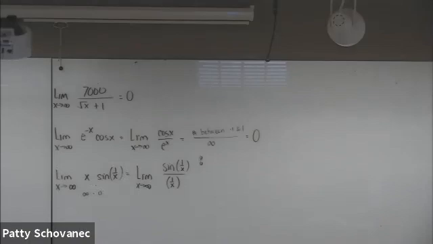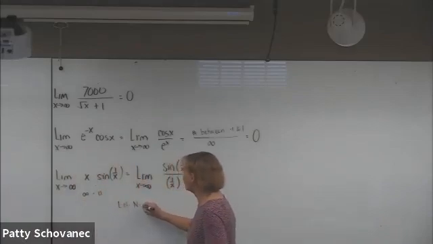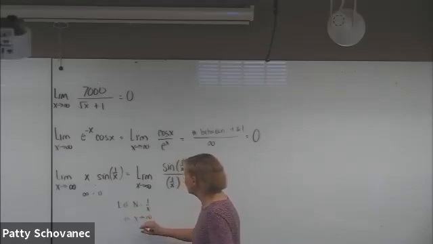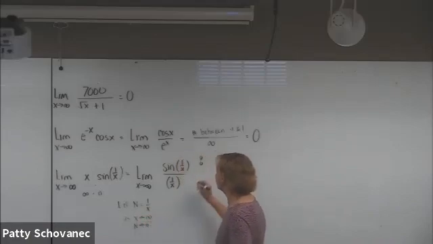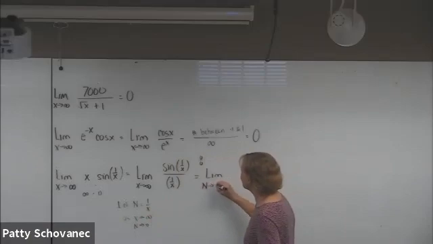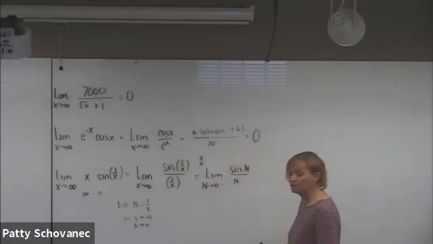And you have the sine of n over n. That's one way to do it without L'Hopital's rule. You have to change it to the proper form. So this looks like the limit as n goes to 0 of the sine of n over n. And now you could use that special limit.